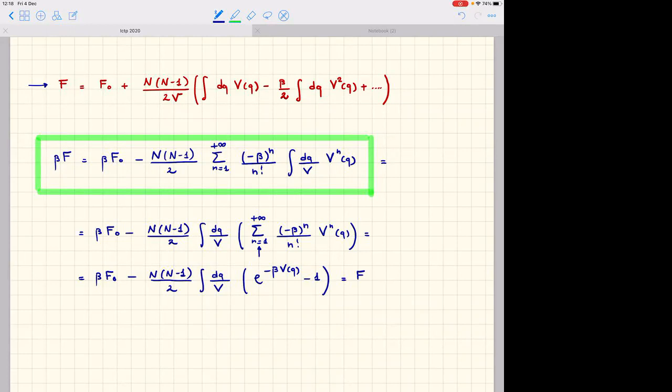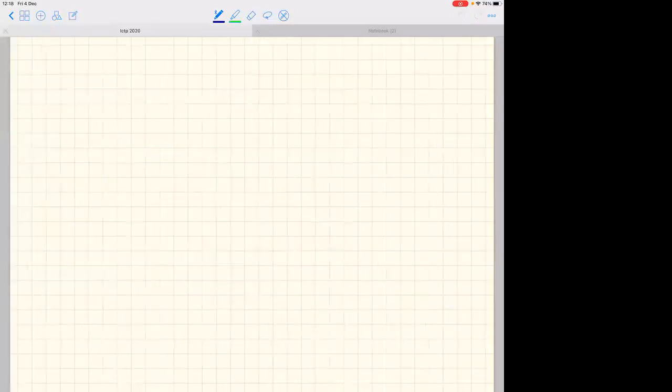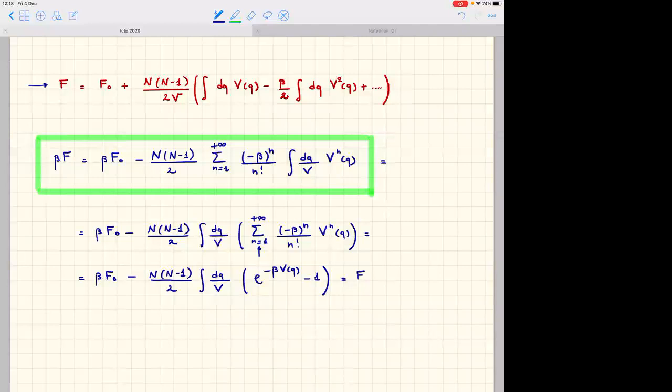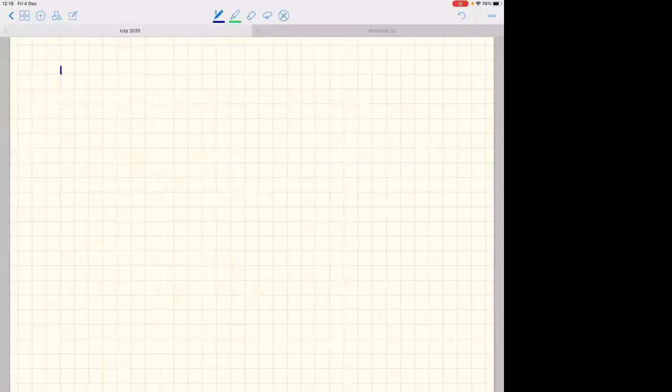Now, since this is my free energy, let's use it. Let's, for example, compute the pressure using this free energy. Professor, yes, it's not F, right, but beta F. Yes. Okay, let's compute the pressure, which is minus dF/dV.